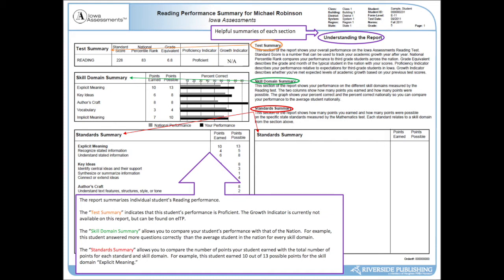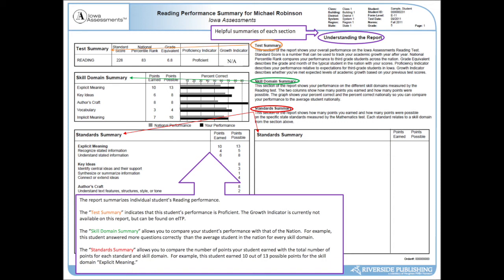The test summary indicates that the student's performance is proficient. It also lets us know the student's national percentile rank and grade level equivalent. The skill domain summary allows you to compare your student's performance with that of the nation. For example, Michael answered more questions correctly than the average student in the nation for every skill domain.